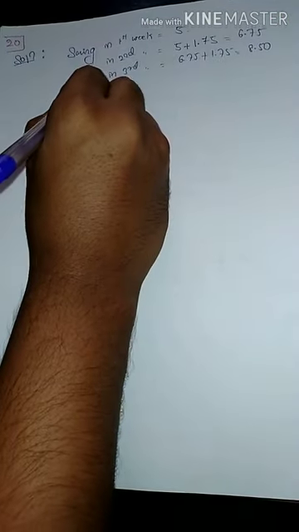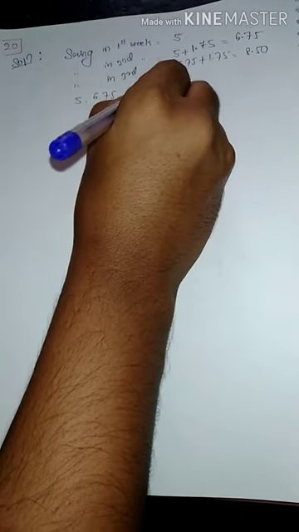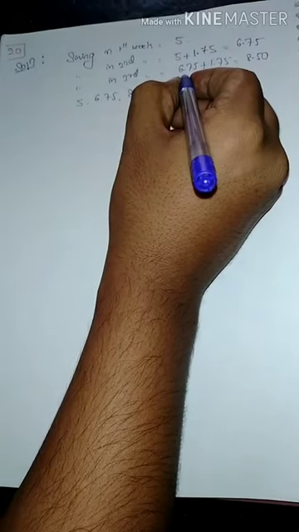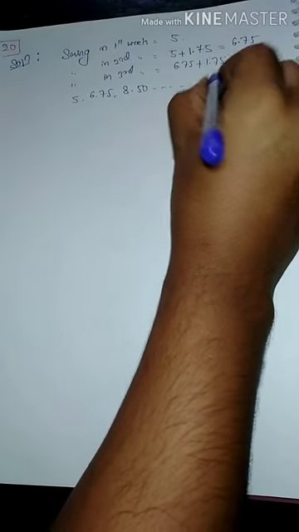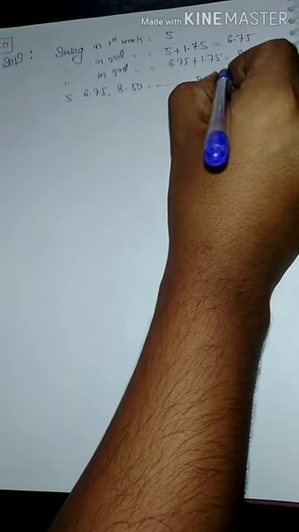So the series becomes 5, 6.75, 8.50, and so on. But the question is, if in the nth week her weekly saving becomes rupees 20.75, find the value of n.